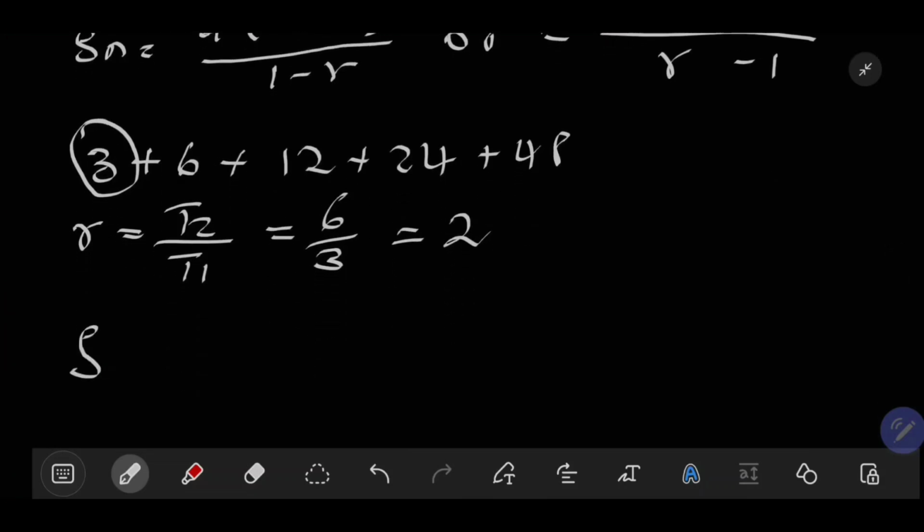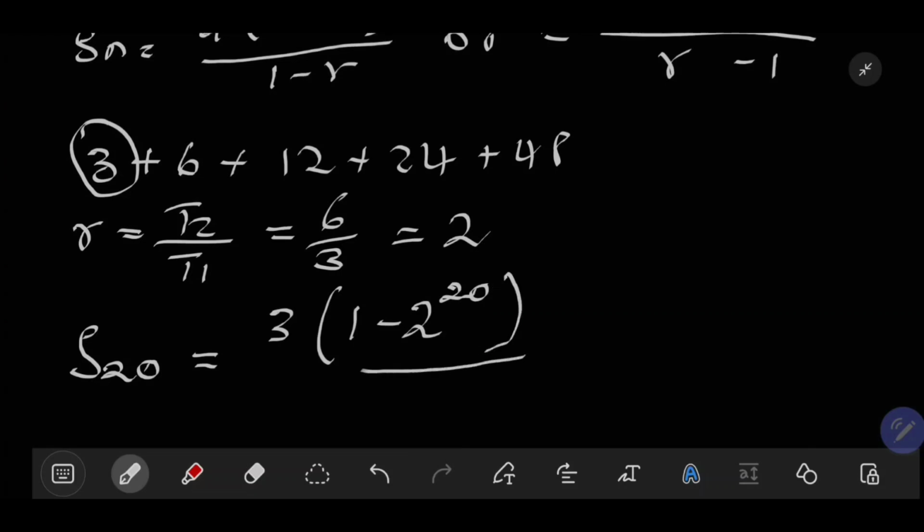Then we can calculate the sum of the first 20 terms. The sum of the first 20 terms will be equal to the first term, 3, into 1 minus our r value, 2, exponent the number of terms, 20, all divided by 1 minus 2.